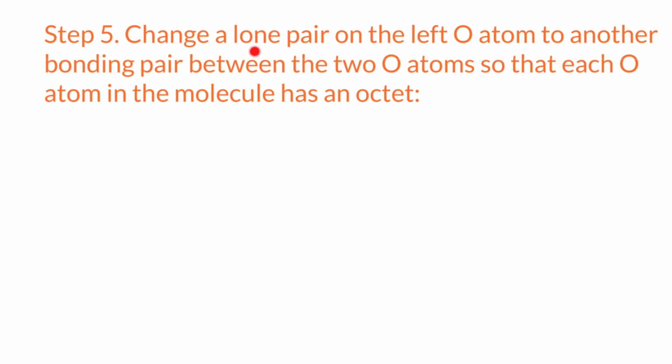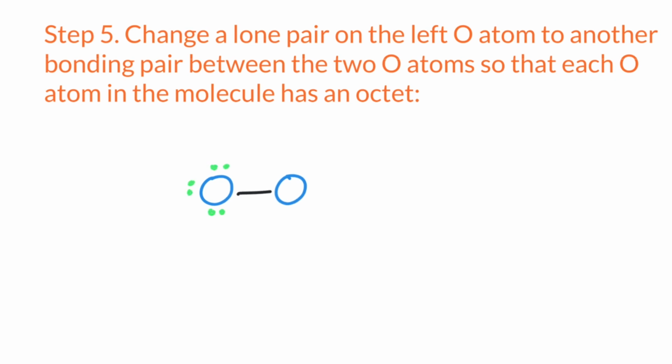Step 5. Change a lone pair on the left oxygen atom to another bonding pair between the two oxygen atoms so that each oxygen atom in the molecule has an octet. So now I am drawing that. Oxygen with one bond and pair of electrons 1, 2. Otherwise, consider like this is one pair, this is a second pair.